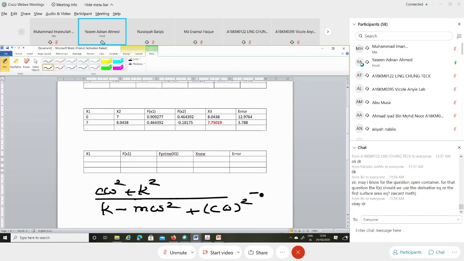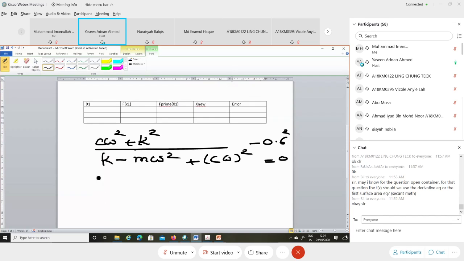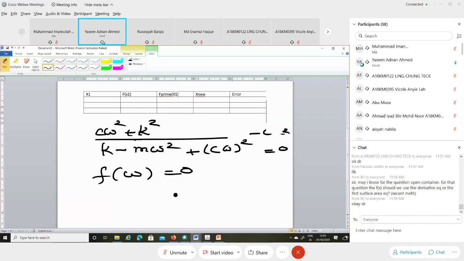This one minus 0.6 squared should be 0. Now this is the function, so you have to consider the derivative of the function. This is a function of omega, so you need to consider the derivative of this function. That's your task.